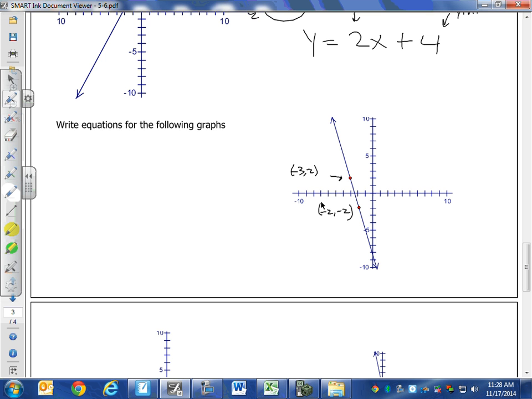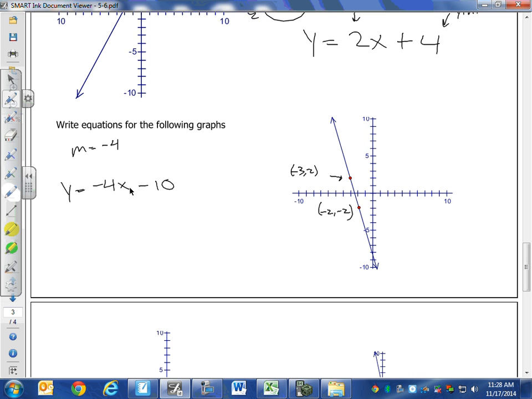Well, Mr. Blaine, what'd you get? Let's see. The slope between these two, I go down 1, 2, 3, 4 over 1. So the slope is definitely -4 over 1, which is -4. Mr. Bladen says y-intercept's got to be at -10.